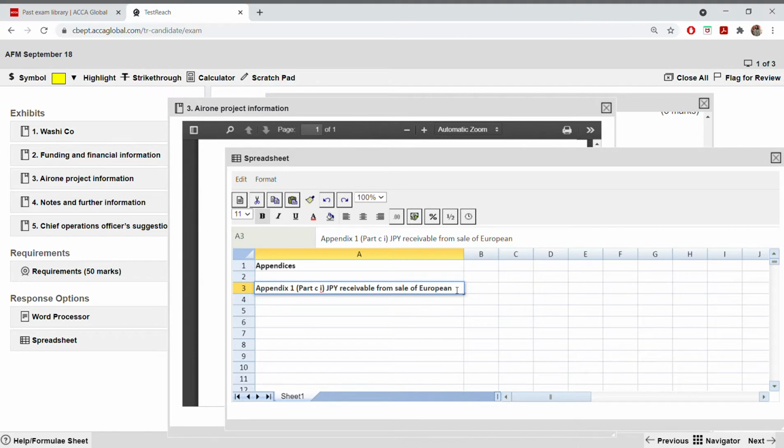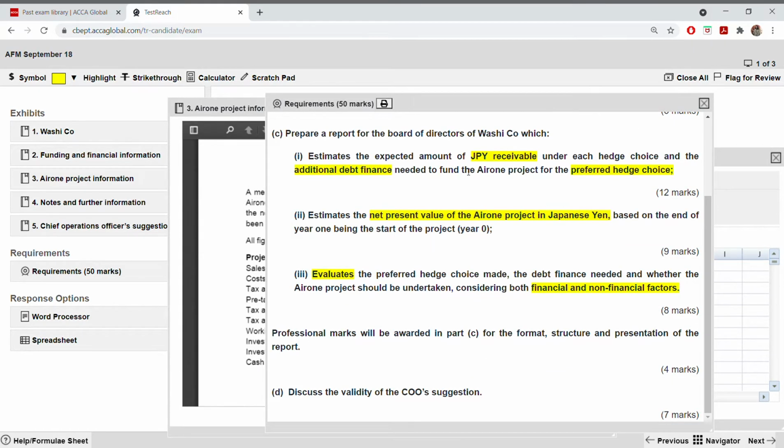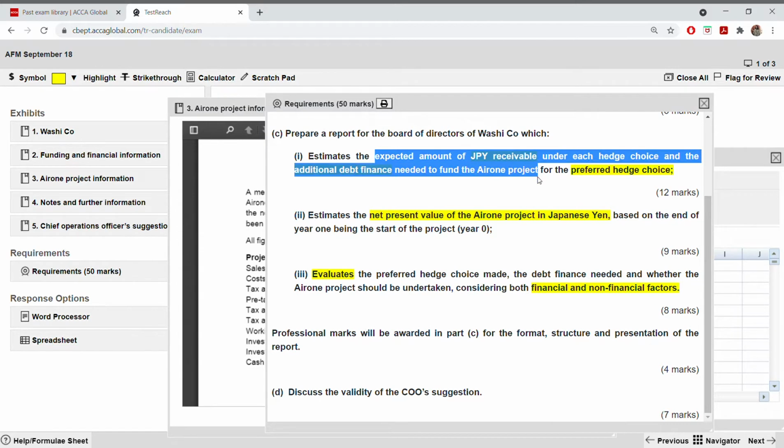So that whole thing you can write from zero of European. Or what you can do is I'm just going to copy paste from my requirements. You can even do this.